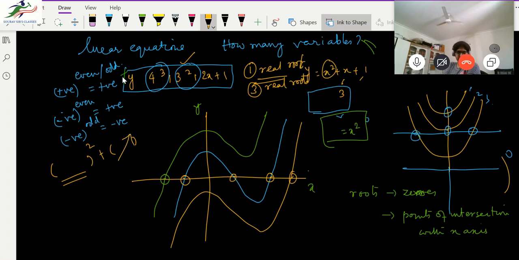Here I cannot do that because I have a cube. However, with calculus, it can be shown exactly under which condition this curve will have one real root or three real roots. But that is not part of your syllabus, so I'm not going to get there. But conceptually, this is what it will look like.